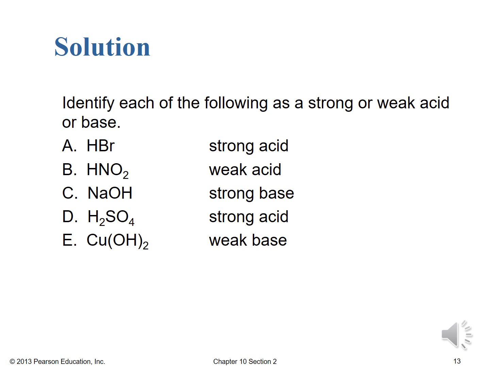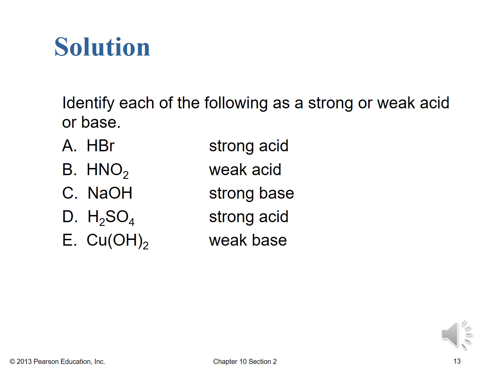H2SO4, we're back to one of those 6 strong acids, so that is a strong acid. And then finally, copper(II) hydroxide, technically is a weak base, right? It's not one of the 6 strong bases that we mentioned, or the other few that might be in group 1A that would be strong bases as hydroxides, so therefore it must be a weak base.